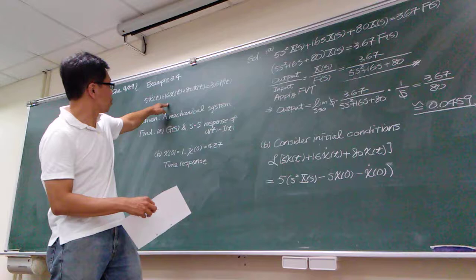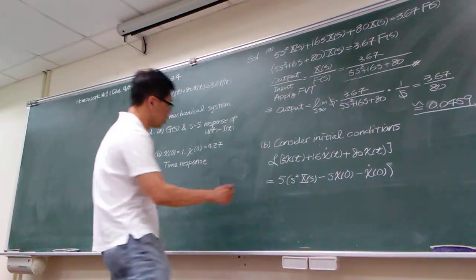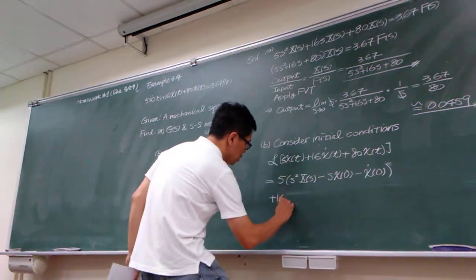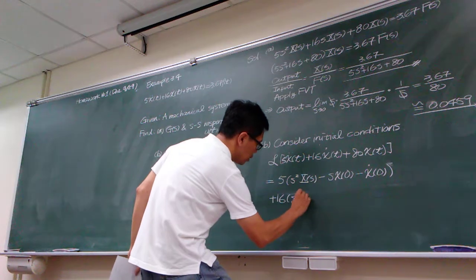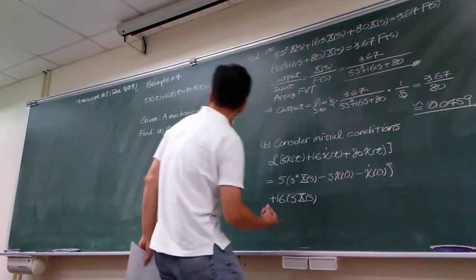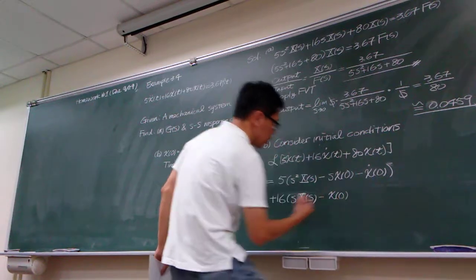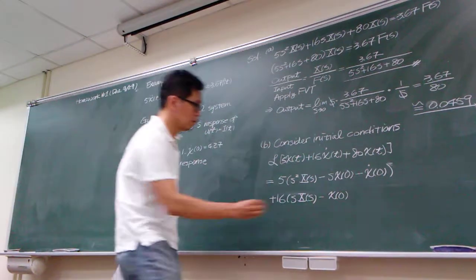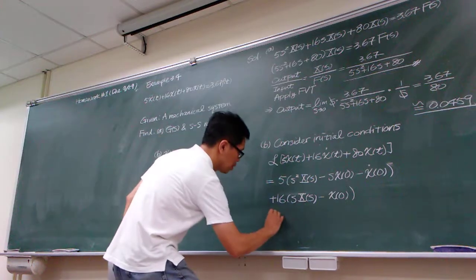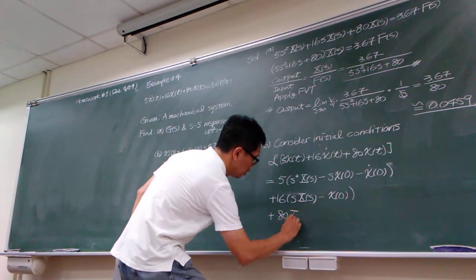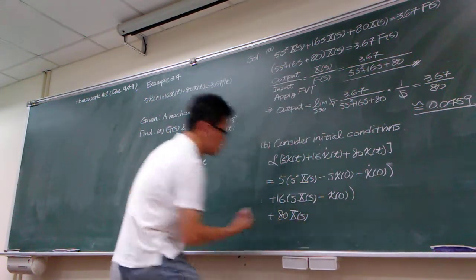We have first order and zero order, so we're going to have 16 times X of s minus x naught, plus 80 X of s.